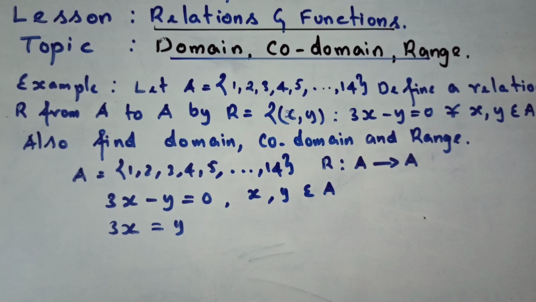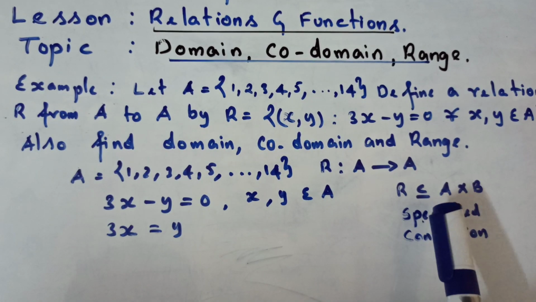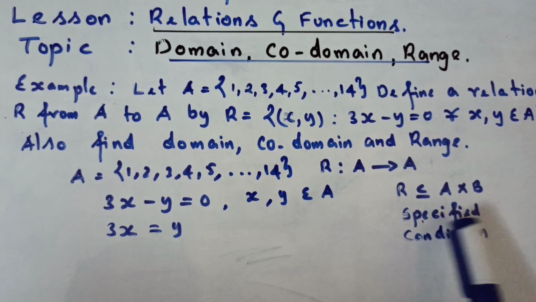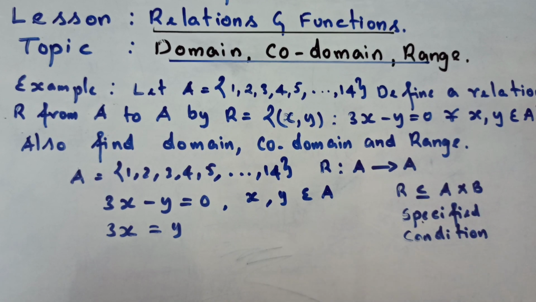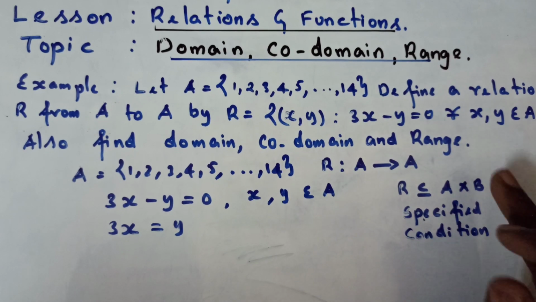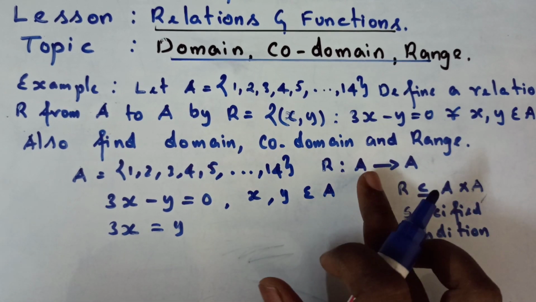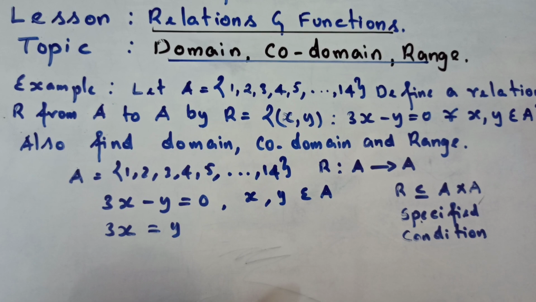What is the definition of a relation? A relation is a subset of the Cartesian product of two sets with a specified condition. Over here it is A cross A, because the relation is from A to A. And how many subsets are possible?